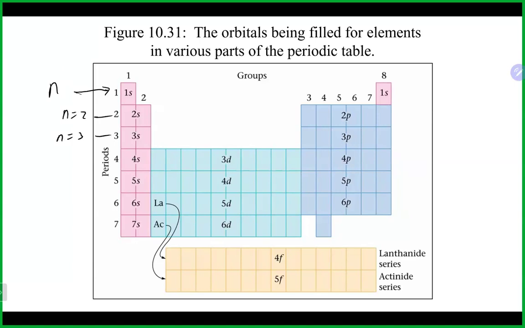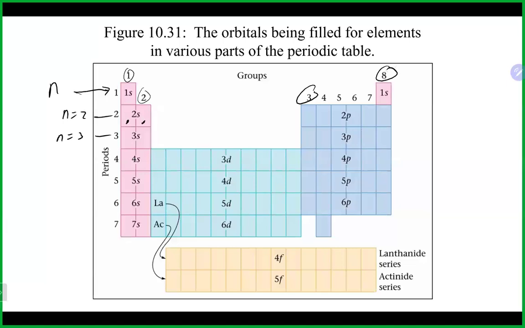Groups 1 and 2 on the periodic table are what is known as the s block. And how many electrons can you put in an s orbital? 2. That is 1 and 2. Yeah, 2 electrons.